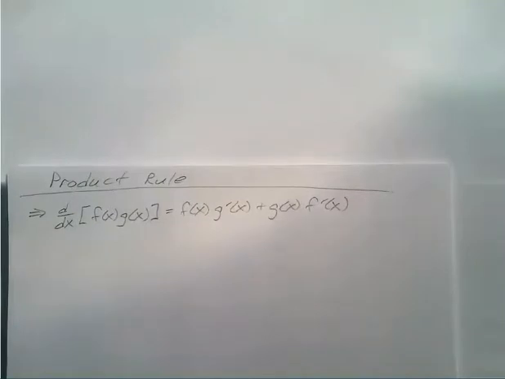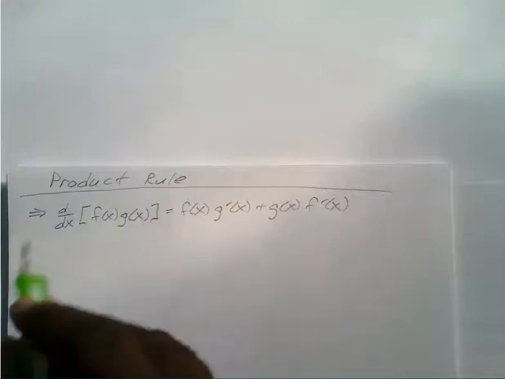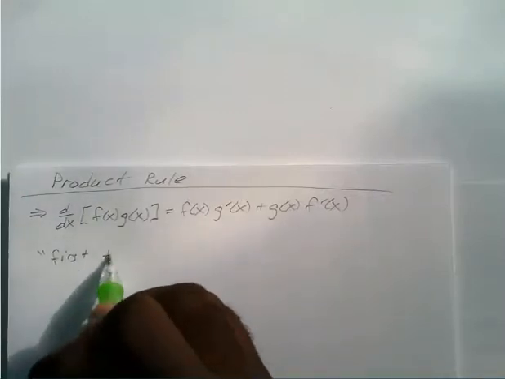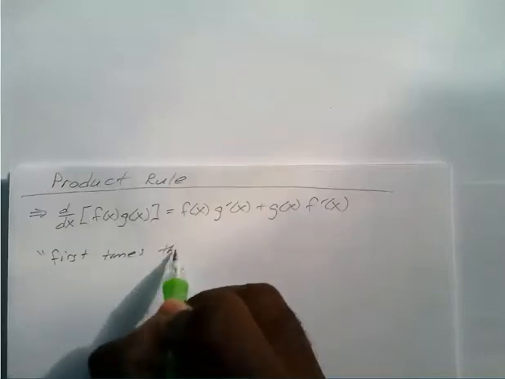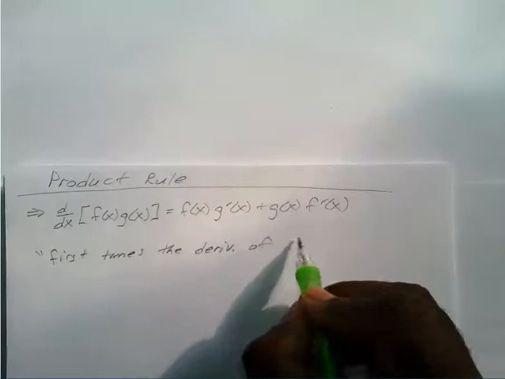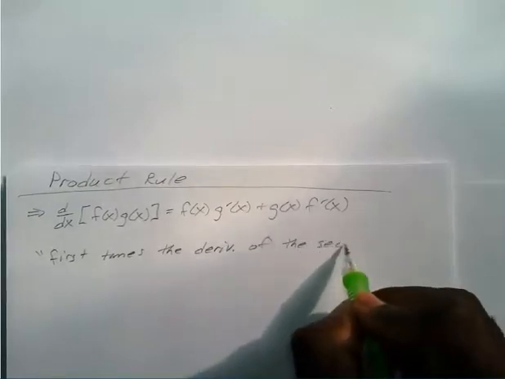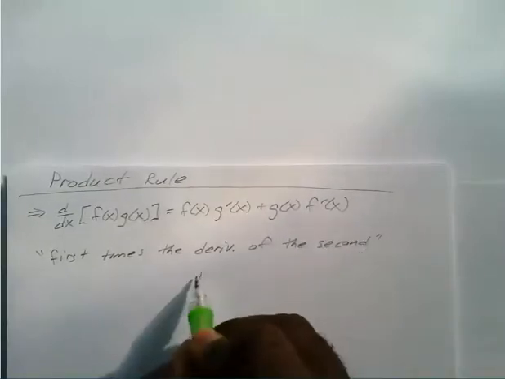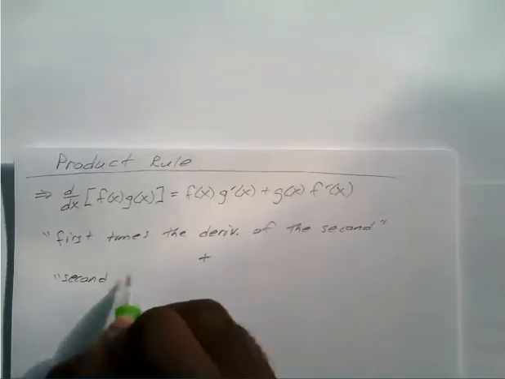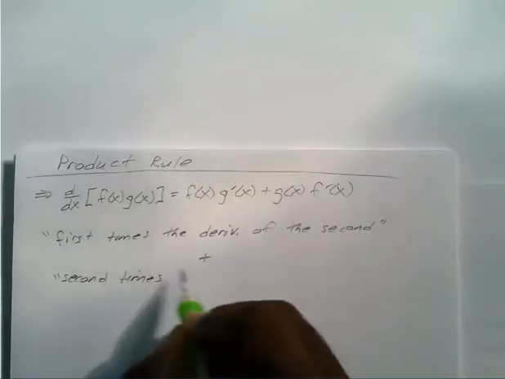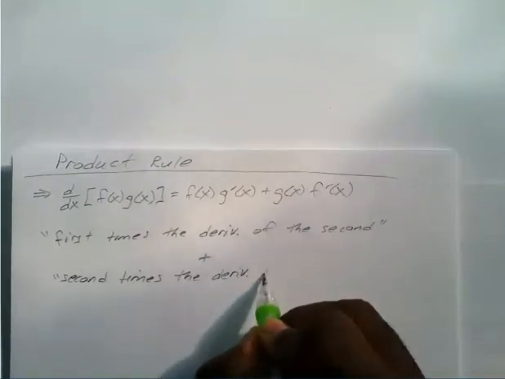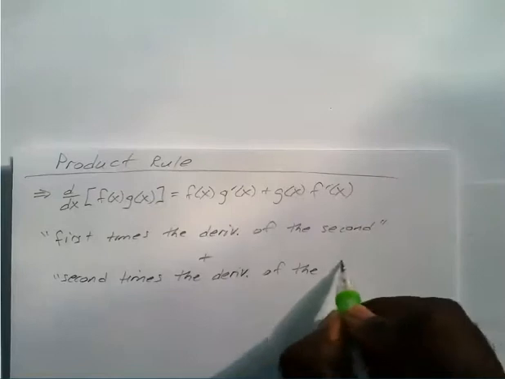Okay, and that is literally how I remembered this setup. I would say first times the derivative of the second plus the second times the derivative of the first.